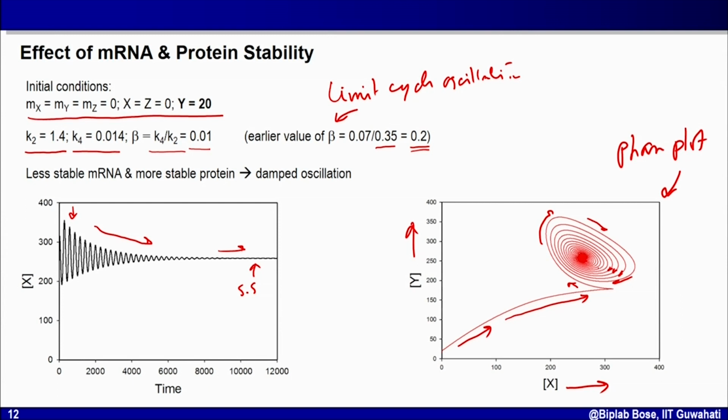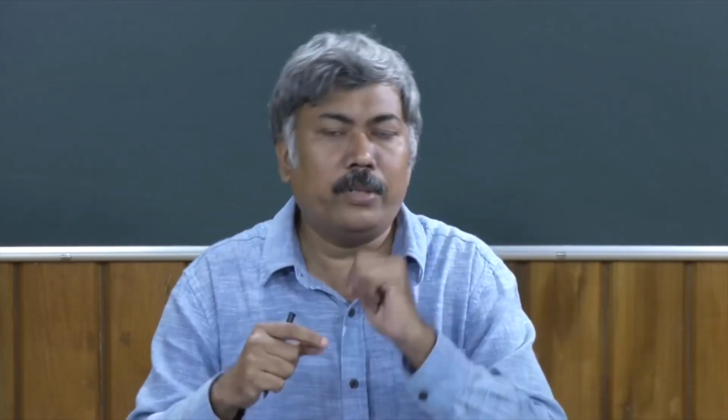They are slowly collapsing and they eventually collapse at the center of these trajectories, which is a stable steady state. So what I have learned from this particular simulation is that if I increase the stability of the protein and reduce the stability of mRNA, rather than getting a limit cycle oscillation, I get a damped oscillation.